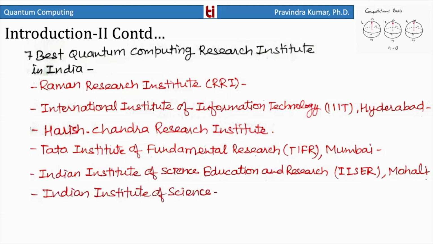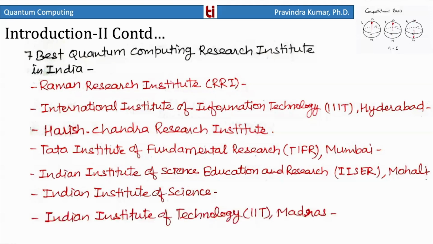The sixth institute is the Indian Institute of Science, Bangalore. They focus on superconducting qubit devices, single photon sources and detectors for quantum communication, integrated photonics, quantum networks, and quantum sensors. Last but not least, the seventh institute is the Indian Institute of Technology, IIT Madras.